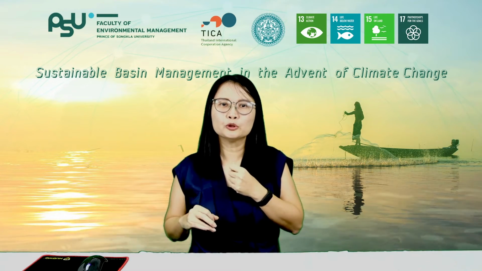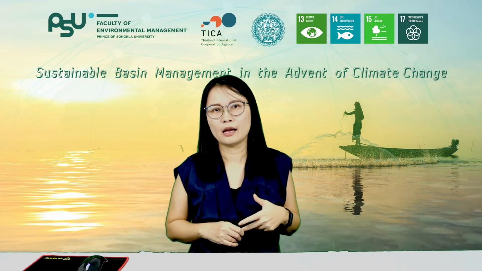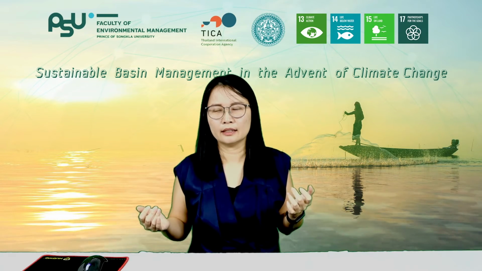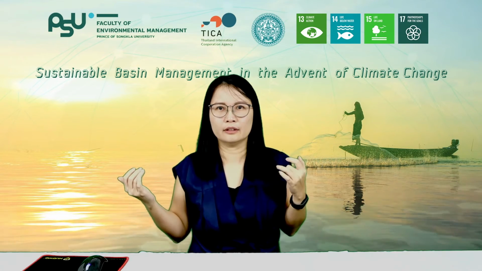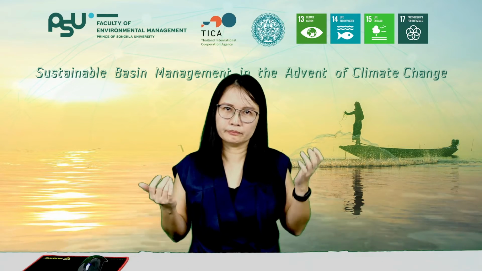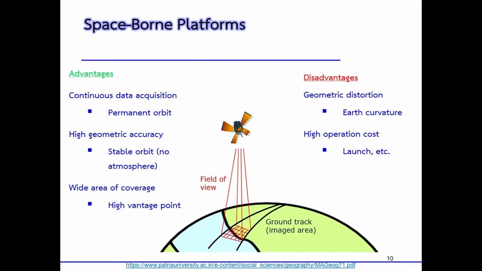And I want to show you the benefits and the disadvantages of each platform. Let's start with the spaceborne platforms. What advantages do we get from the satellite? The satellite is quite far from the Earth.